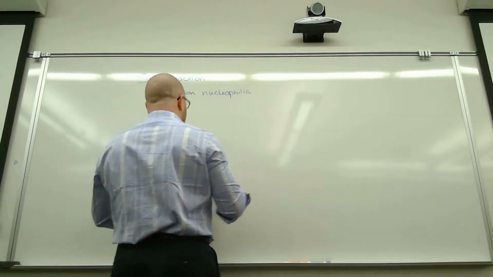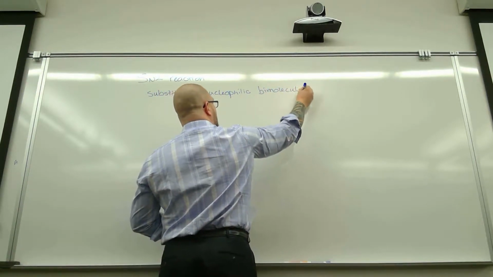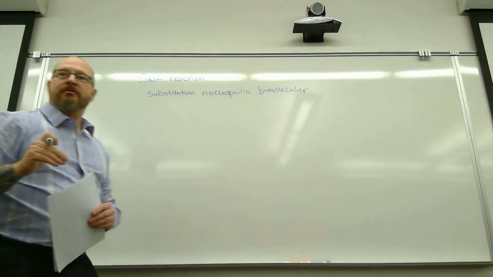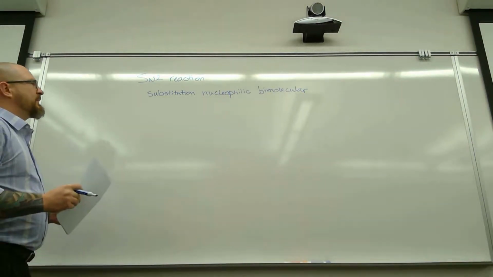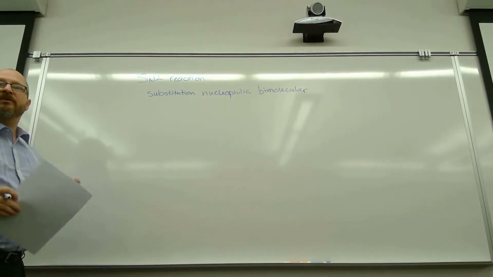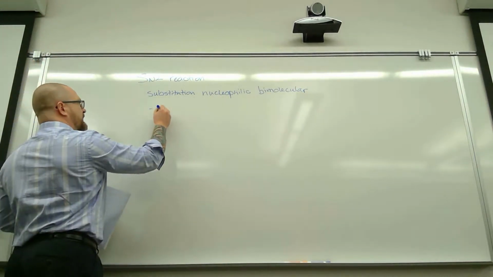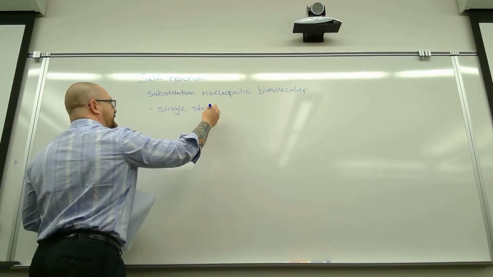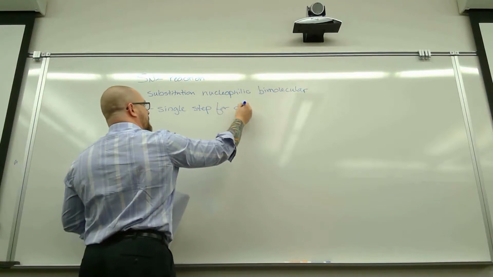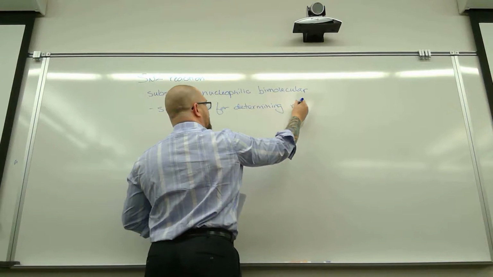What this means is that this is bimolecular, meaning, and we'll get into what that means mechanistically. What it doesn't mean is that it's 2 steps. So this is one of the things people get confused all the time. This happens to be single step for determining the rate of reaction.